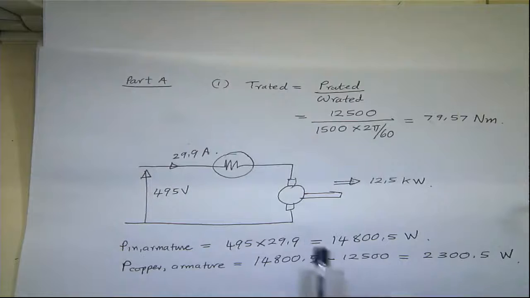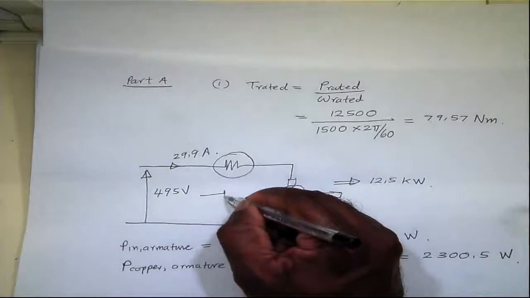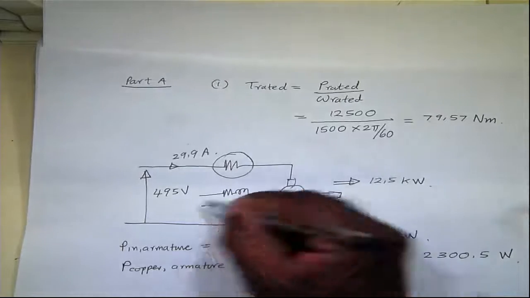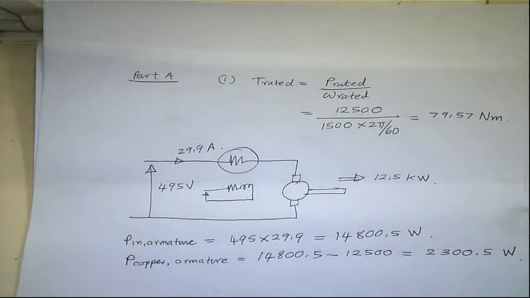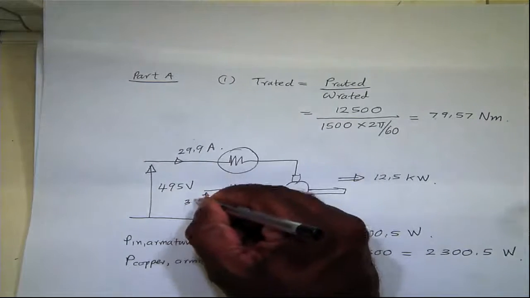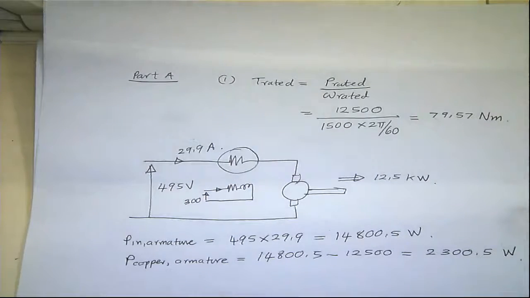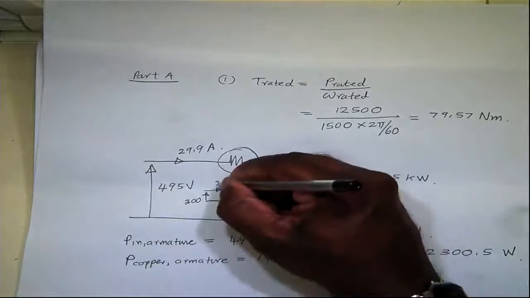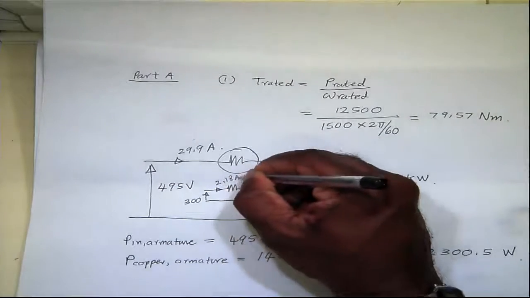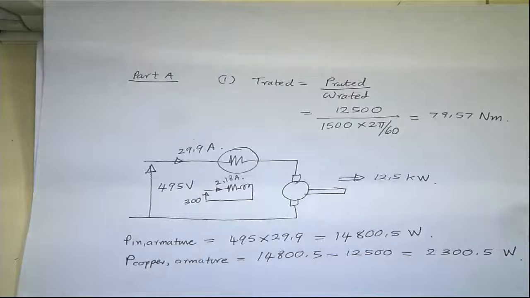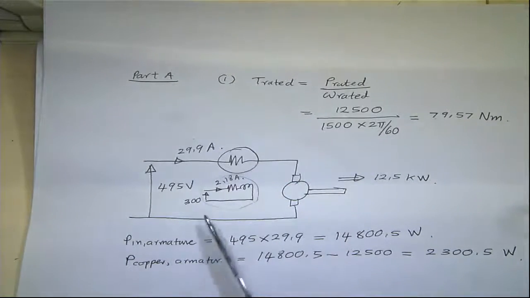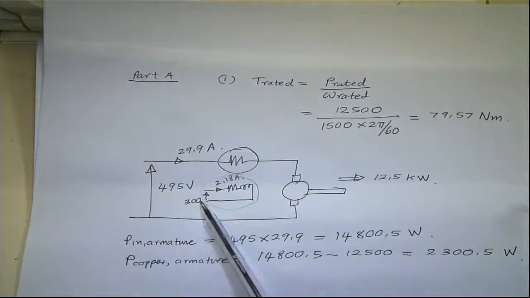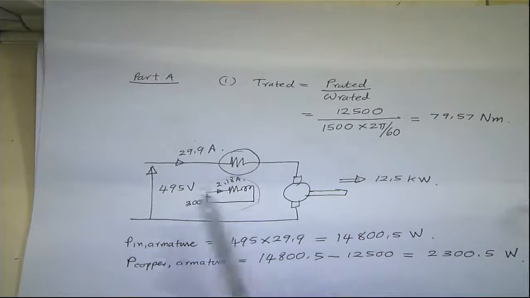In addition to this, you also have the field circuit. This is the field circuit, and it's separately supplied by a voltage of 300 volts and a current of 2.18 amperes. So there's a power loss in this field circuit as well. That power is just the field voltage times field current.